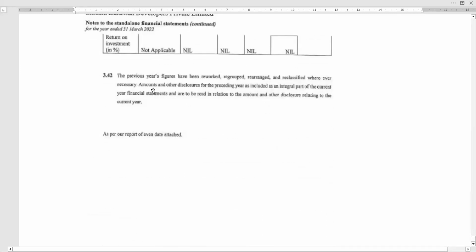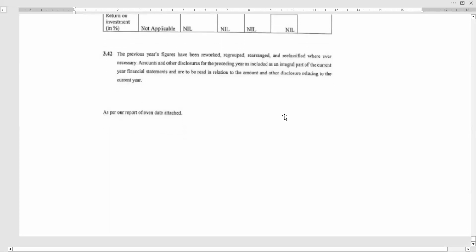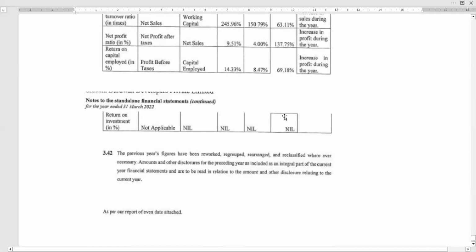And this is the general clause saying that wherever it is required, we have shifted the groupings of the numbers of the preceding and previous years. Suppose in the previous year you had taken 3-4 items in miscellaneous expenses, and this time you felt the amount is huge and you have shifted it from miscellaneous expense to a separate line item.